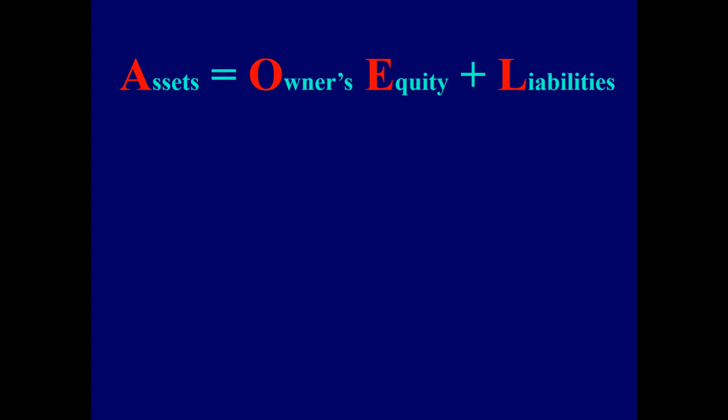Now my capital level is 6 lakh. The owner's capital is 5 lakh plus liability. I borrowed a loan from the bank, that 1 lakh is called liability.